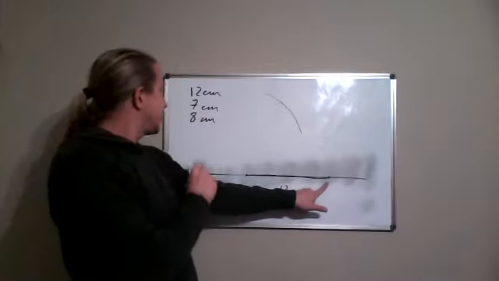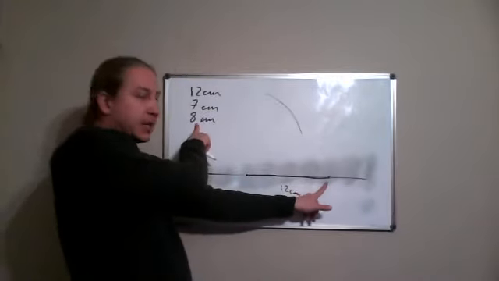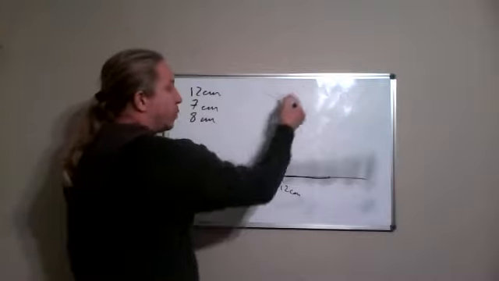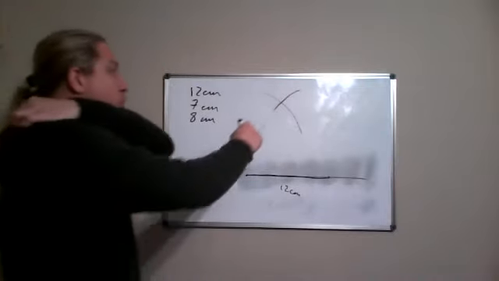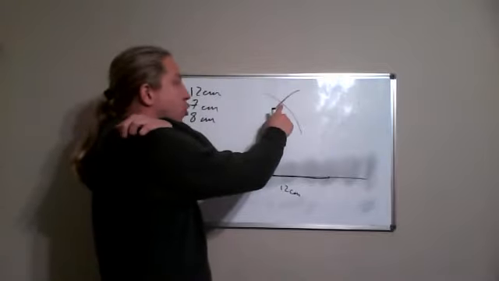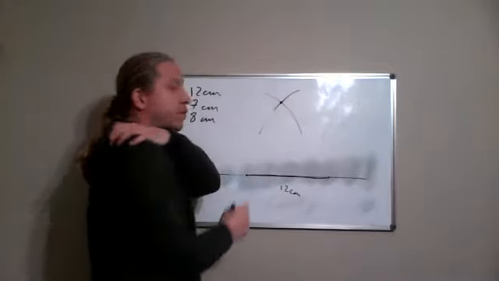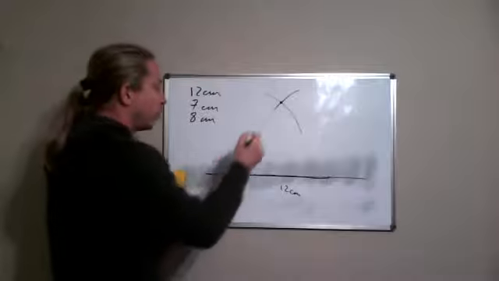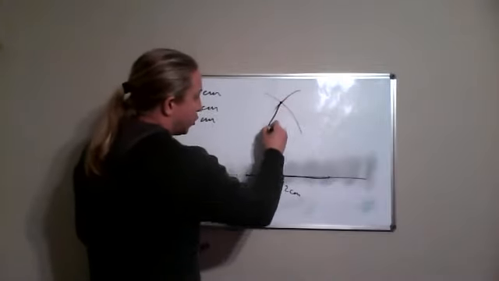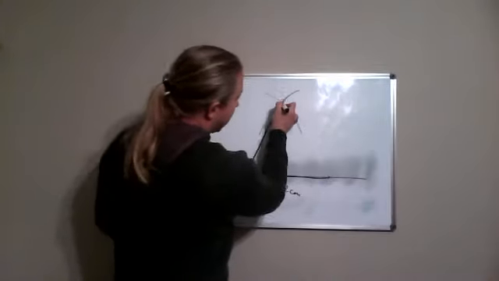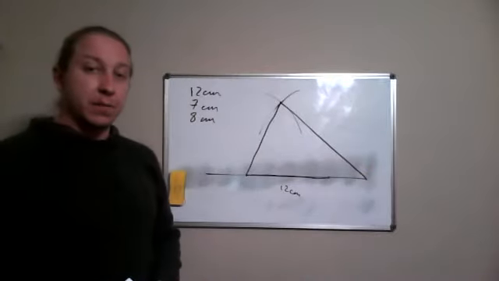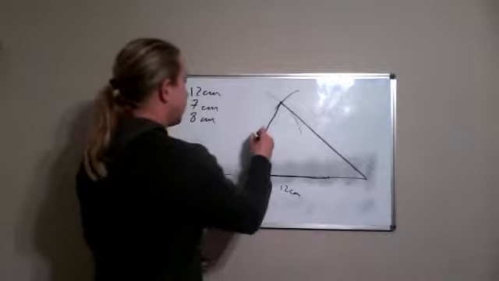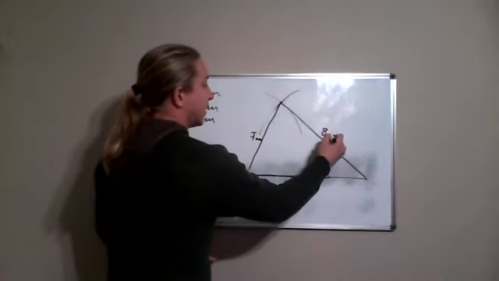Now go to the other side, make it 8 centimeters, put your needle point there, open it up and make a mark like that. Now where these two lines cross, that's the point of your triangle, or the vertex. And all you do now is join these together like that, and we are done with this triangle. We can even label it 7 centimeters, 8 centimeters.